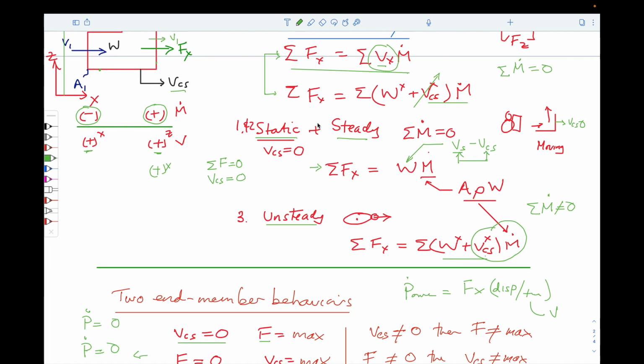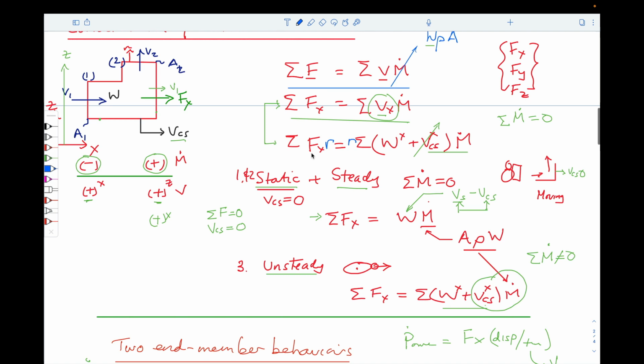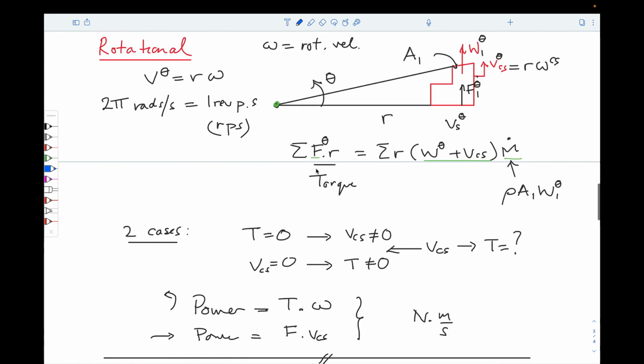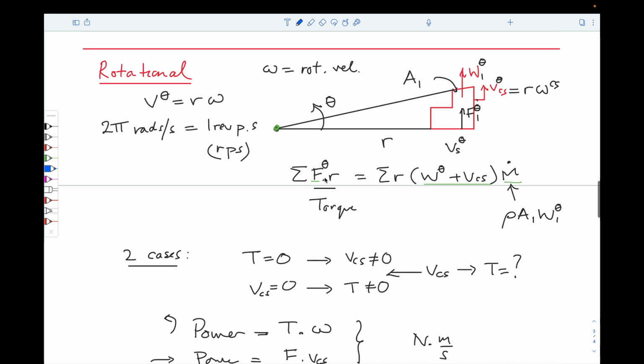But what we can do is multiply that expression by the radius arm on both sides. Then this term becomes what we will refer to as a torque, force times the radius. And we have our moment of momentum equation.